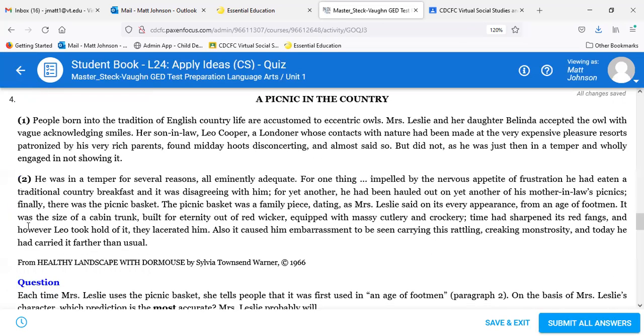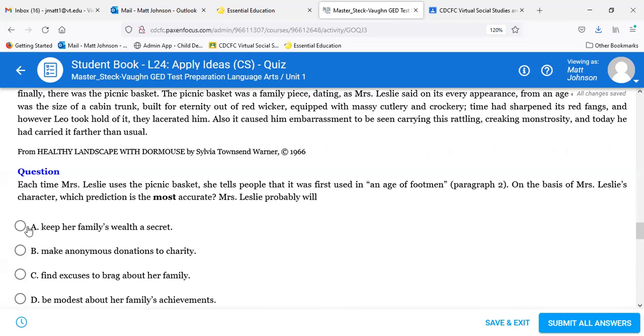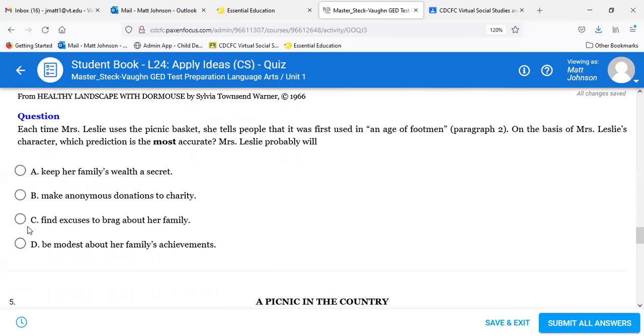Okay. And let's go to Grace for number 4 here. Question 4. Each time Mrs. Leslie uses the picnic basket, it tells people that it was first used in an age of footmen, paragraph 2. On the basis of Mrs. Leslie's character, which prediction is the most accurate?